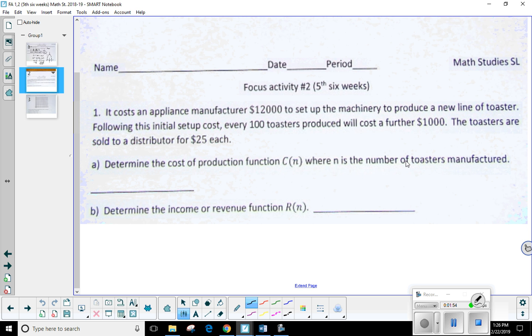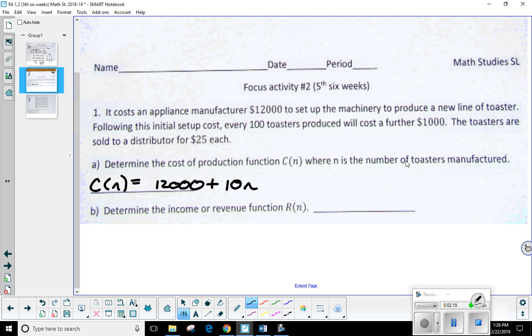So what am I going to put together here? In fact, does anybody already have the function for C of N? Okay, Eli, you think you have it? What is it? 12,000 plus 10x. Okay, there you go. So C of N is equal to, he says 12,000 plus, now he said 10x, I'm going to go ahead and put in 10n. I'm just going to keep the variables consistent.